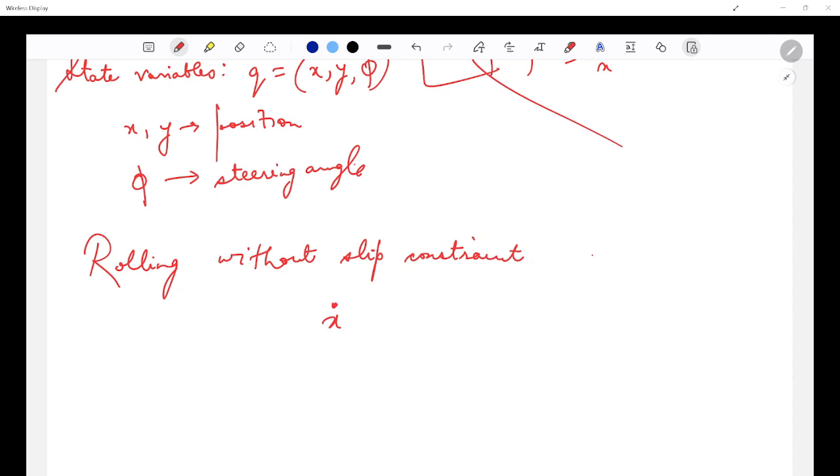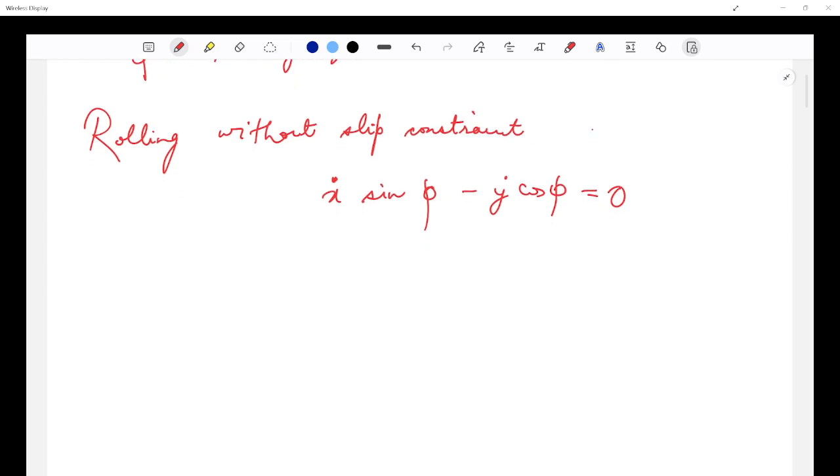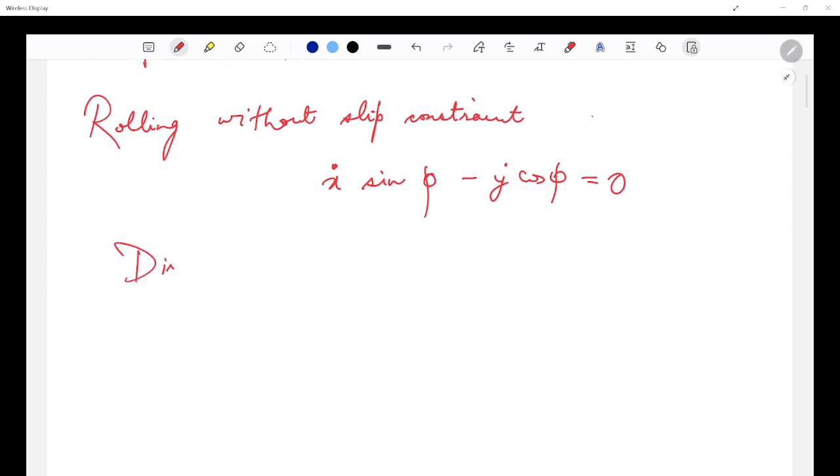So if we try to equate the components, it would be x dot sin phi minus y dot cos phi is equal to 0. Okay. So the velocity of the wheel must lie along the wheel direction. So what is the direction vector? It is cos phi comma sin phi. Right. And what is the perpendicular direction to the wheel?